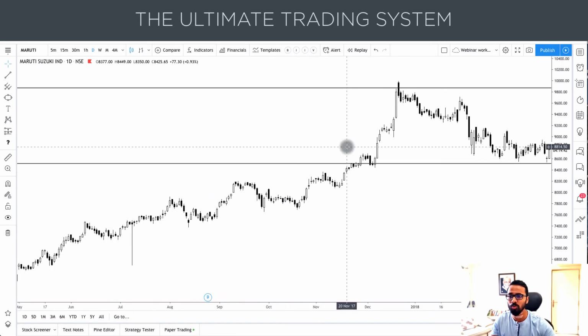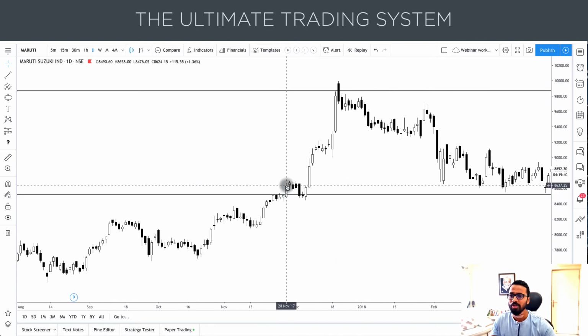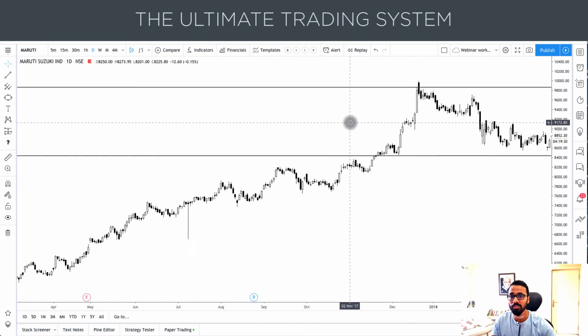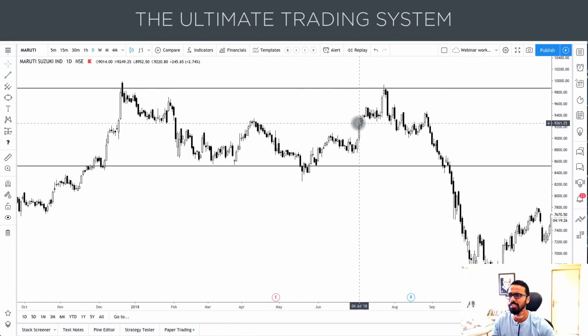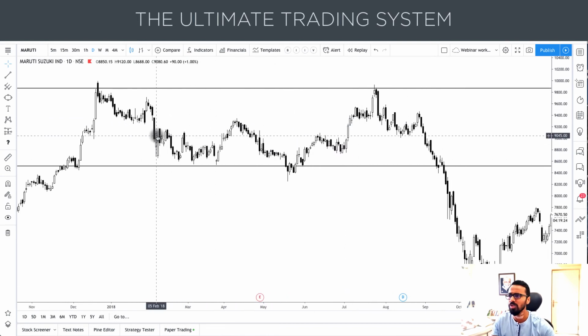A resistance broken by a big white candle, tested, again a big white candle, and I get this trade on the upside. At the resistance, I get a big black candle, and let me show you another thing here. Let us do this zone as a last example. There's a big black candle here. You take this trade, there's a retest here, and you can take this trade again.